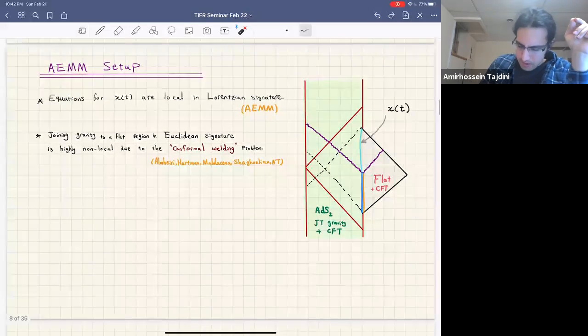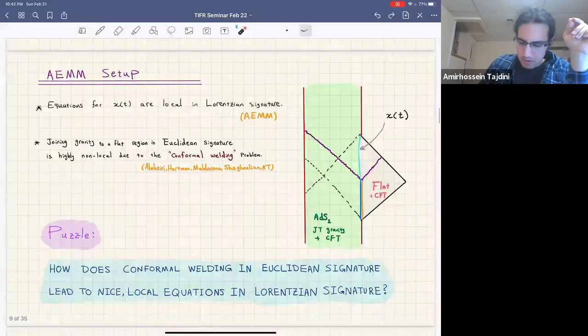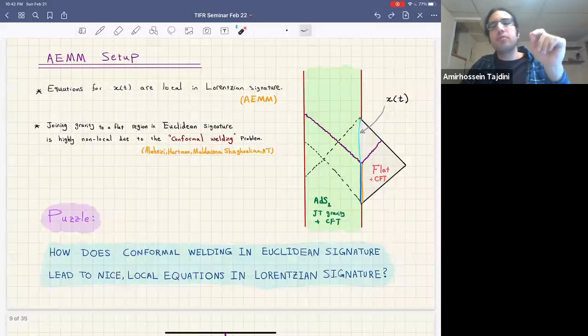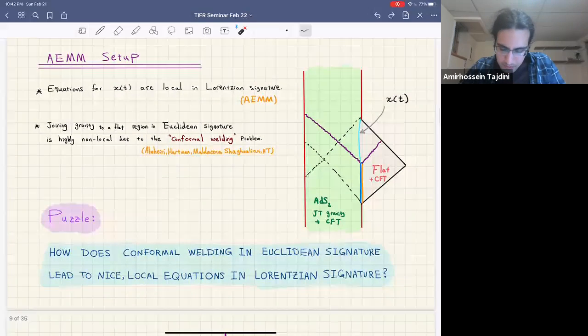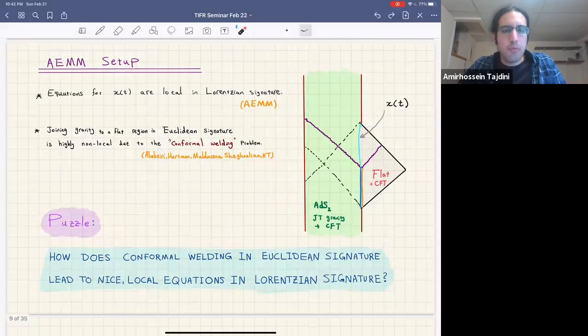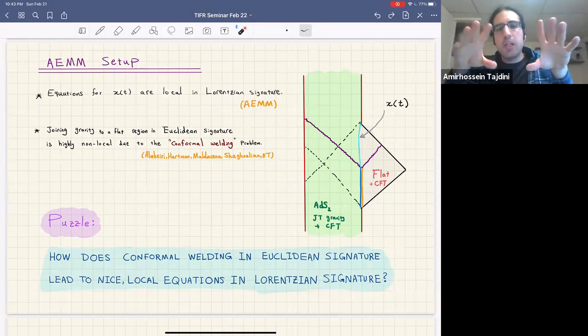There was a little bit of puzzle for us for these types of models, because in the East Coast replica wormhole, we also analyzed similar problems. In AEMM, they considered the Lorentzian evolution, and they found that in the Lorentzian signature everything seems to be local, like the equations governing x of t, which is the variable in Schwarzian theory.